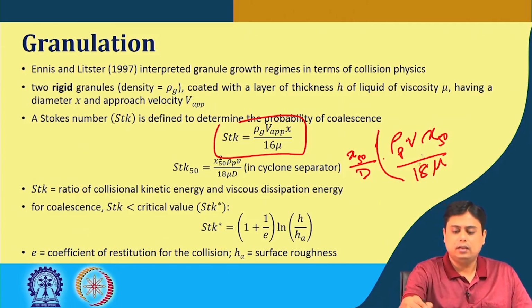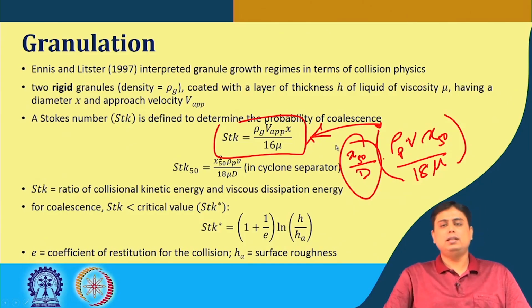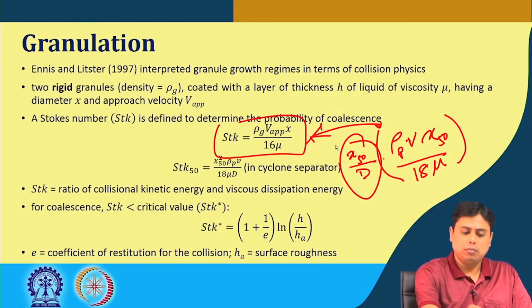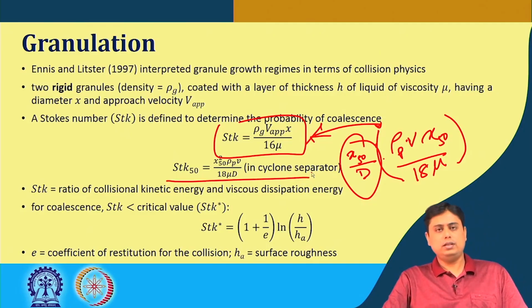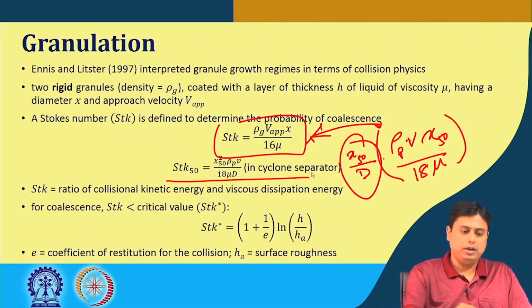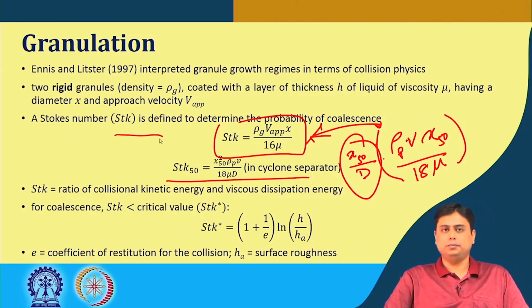So, basically this component is analogous, but this is the particle diameter and the cyclone diameter was incorporated. So, this Stokes number, the essence is that it is different from what is defined here as the Stokes number.